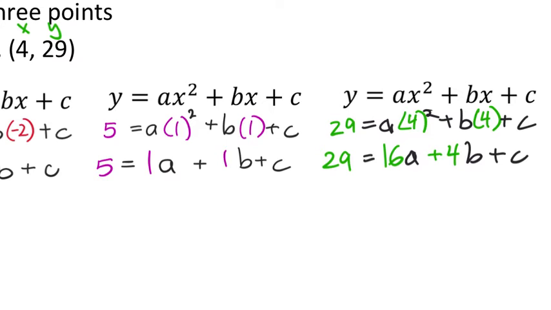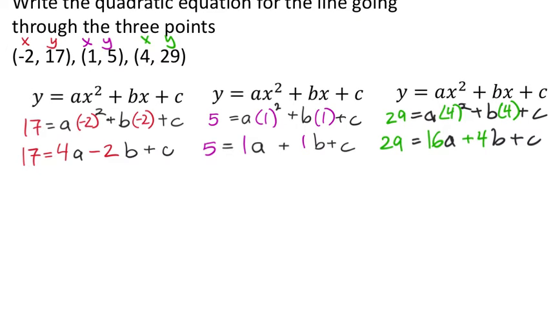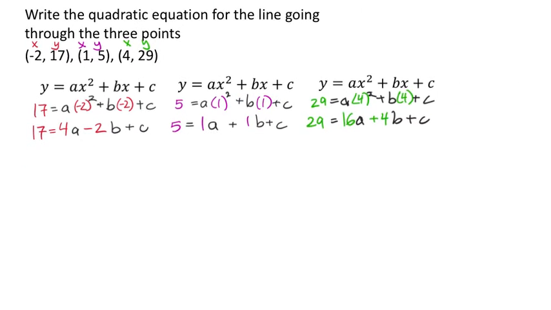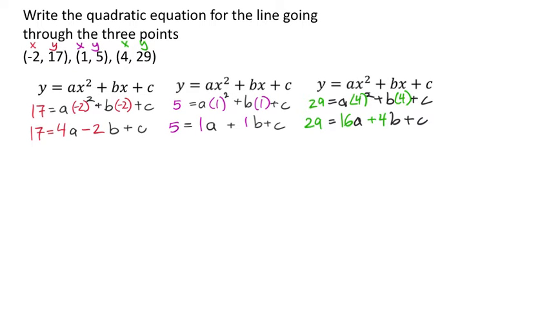Now, we probably are not used to seeing the equations written like this. So I'm going to restack these so that it looks more like a system of equations. There's my first equation that we found, the second one. It doesn't matter which order you find them in, by the way, just as long as you find them. And then, of course, we have the green one here as well.